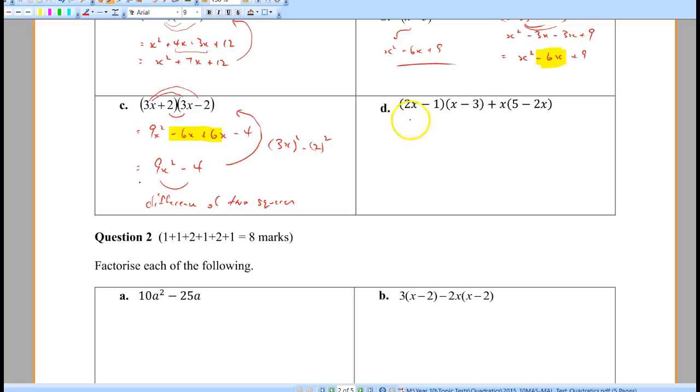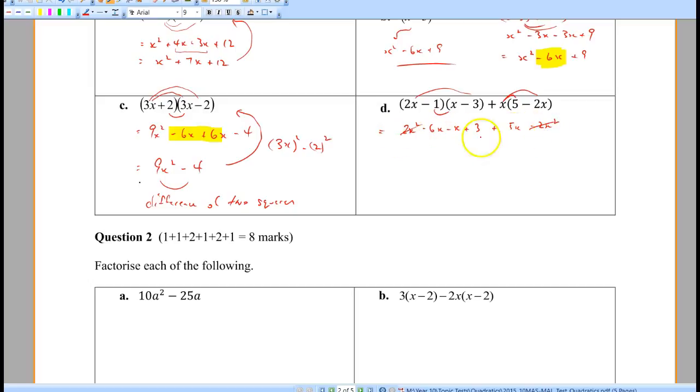Now this beast here just needs a little bit of everything, doesn't it? So we do our FOIL on the first set of brackets, minus 6x minus x. So I'm just running this through like this, and then plus 3. Now I need to run this x through the 5 and the minus 2x. And then I need to just collect all my like terms. 2x squared minus 2x squared, so they go.